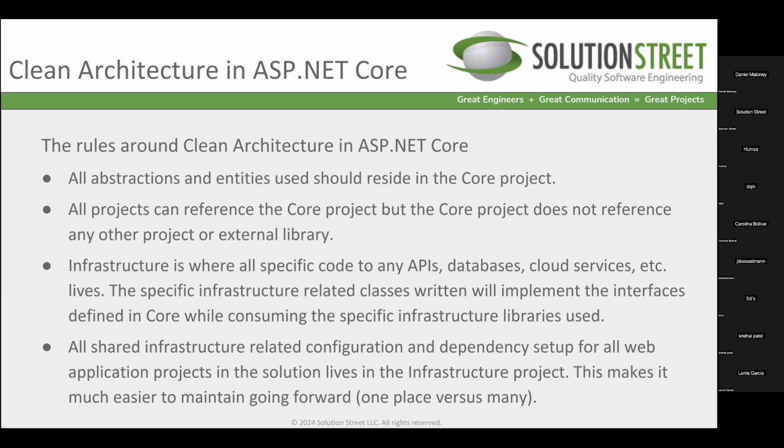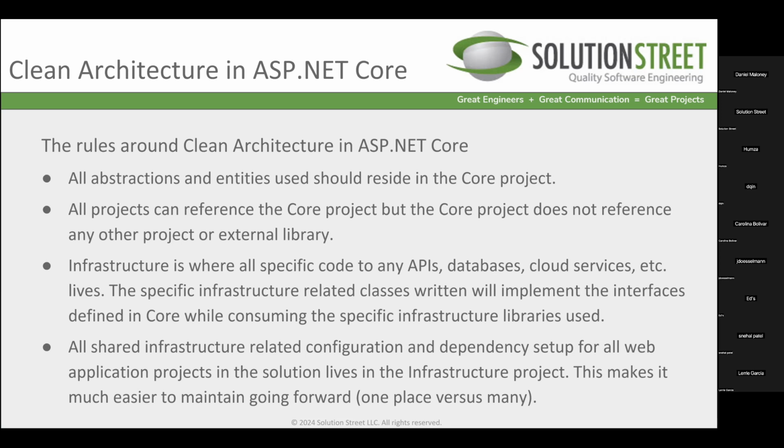And then your infrastructure project is where all specific code to any APIs, databases, cloud services, etc. lives. The specific infrastructure related classes written will implement your interfaces, your abstractions defined in your core project, like we saw with the repository example, while consuming those specific infrastructure libraries used.